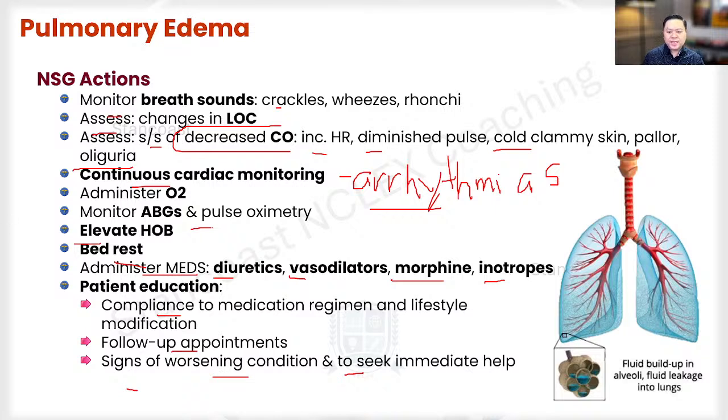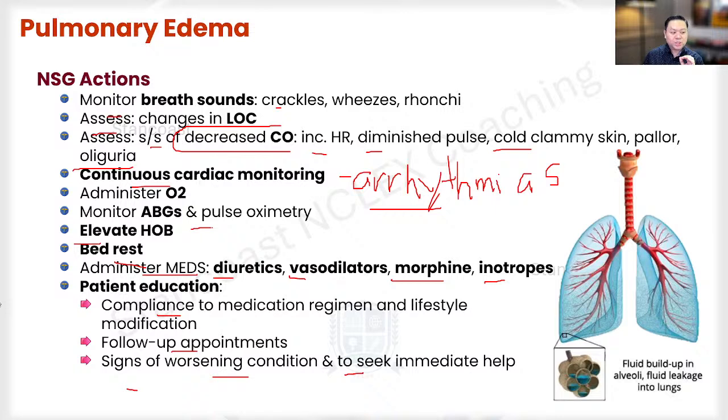And so we're going to have a short recap here regarding the two disorders that we just talked about. Now, I really want to emphasize the care of pulmonary edema and also cor pulmonale. Again, the mechanisms are quite different. However, the manifestations are actually quite similar. And I really want to emphasize that patient education is very important in both disorders.